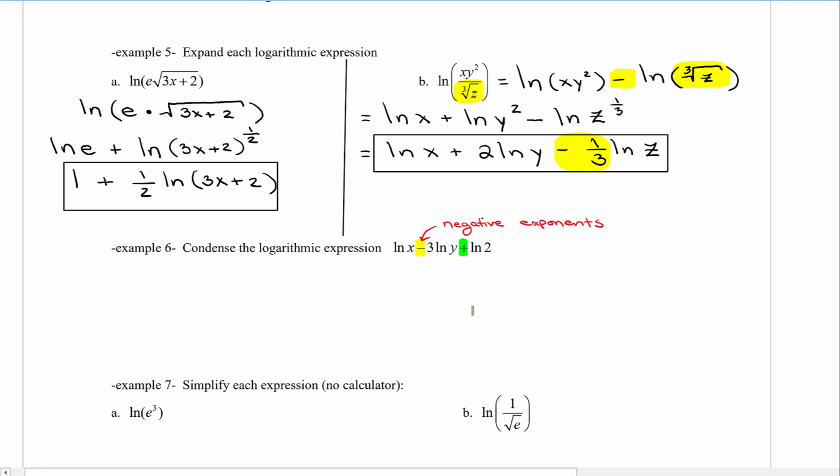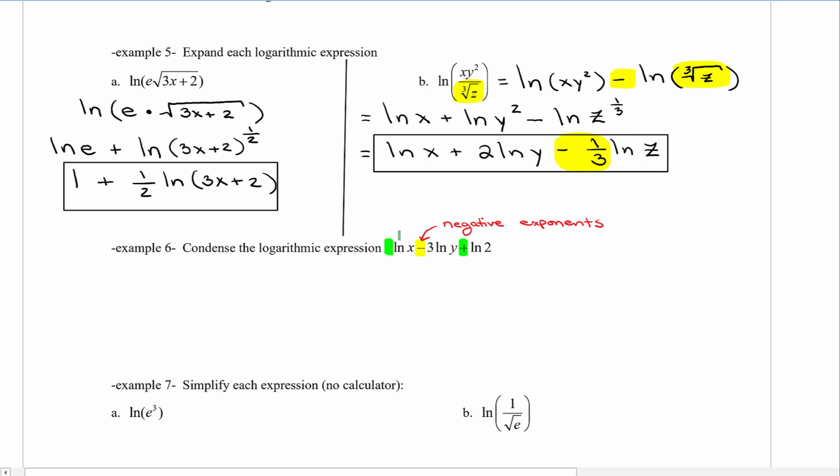If you notice here, back in example 6, I highlighted in green the plus sign in front of the natural log of 2. This means that the 2 has a positive 1 exponent, which means it's ultimately going to be written in the numerator once I condense this logarithmic expression into a single logarithmic expression. So that's what it means.